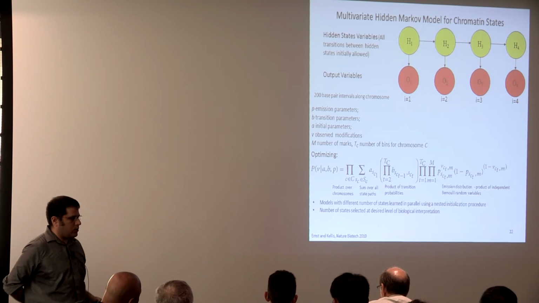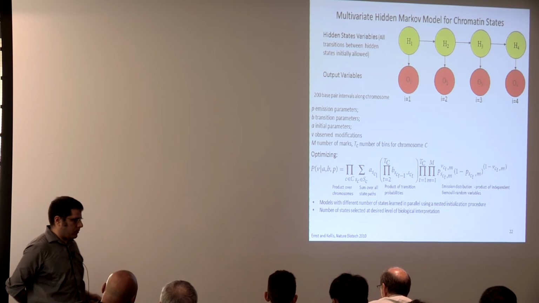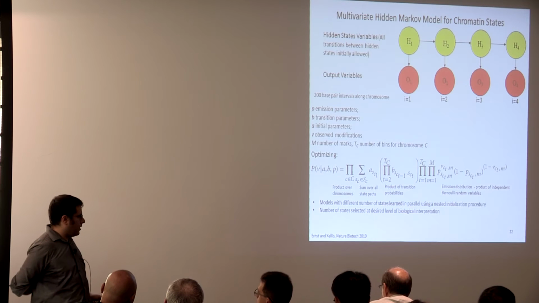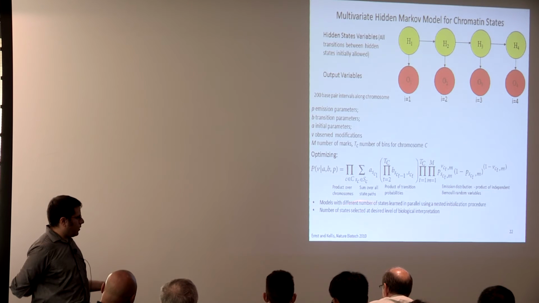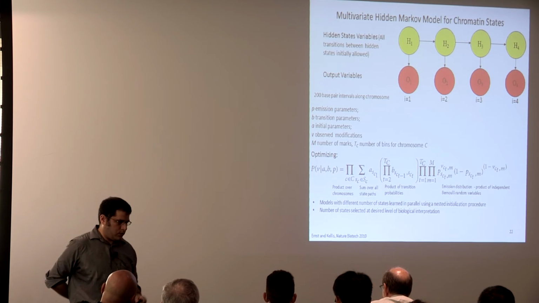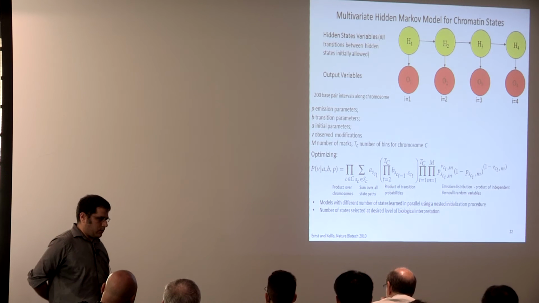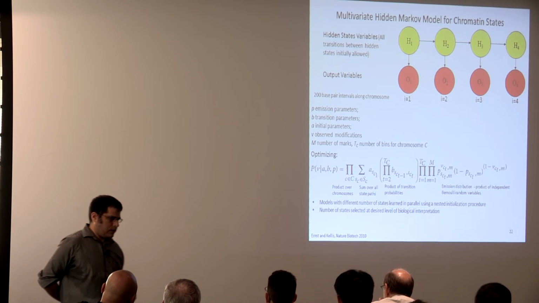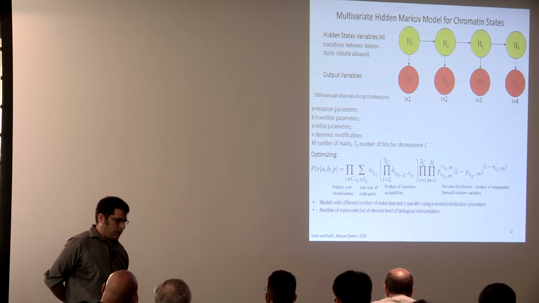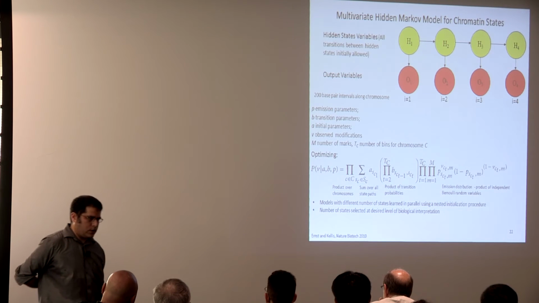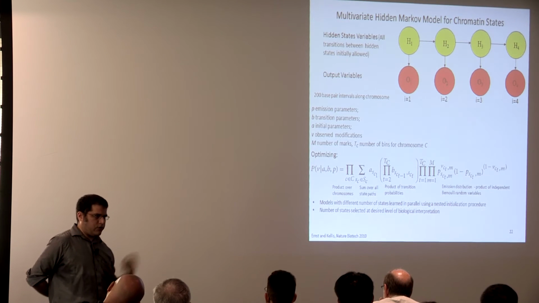It turns out that we don't have a guarantee that we're going to get a global maximum. We only have a local maximum. And one issue is that you have to specify a number of states when you're learning these models. So in practice, we learn models across a range of numbers of states, and it's often guided by the level of biological interpretation one is interested in, focusing on a certain number of states.